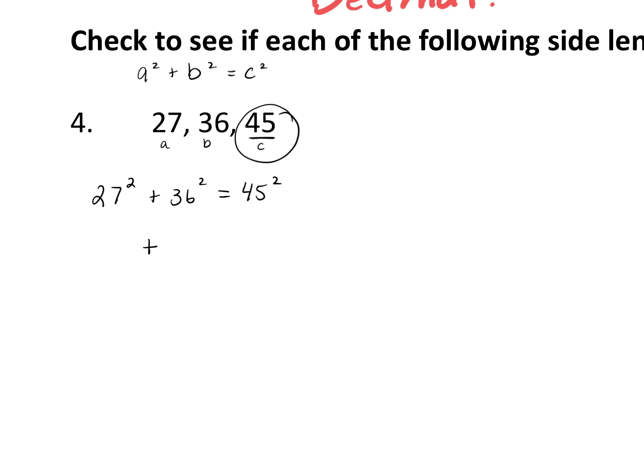Hopefully you paused and got the answers. Our first number is 729, and then 36 squared was 1,296, and that is equal to c squared. We leave it as c squared because I want to see what c is equal to. If you worked ahead and added those together, you would have gotten 2,025 equals c squared.